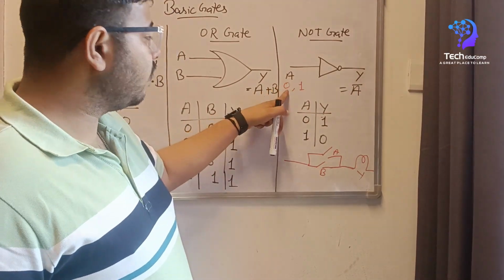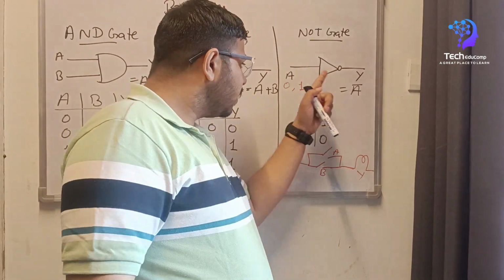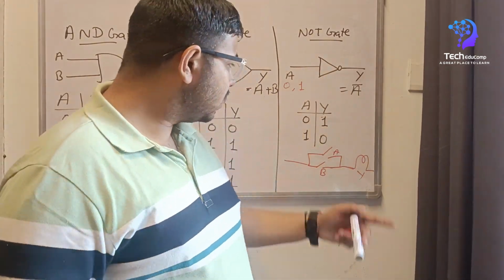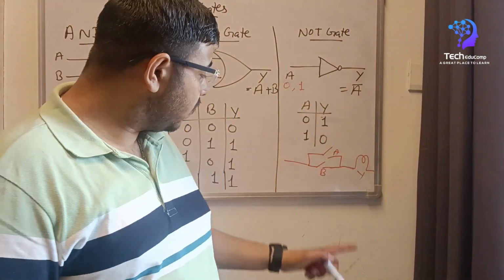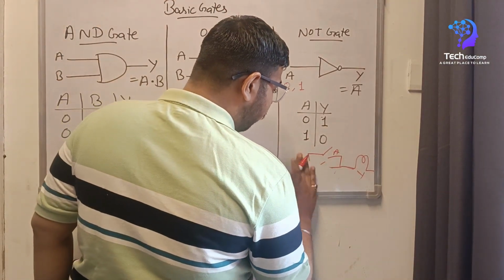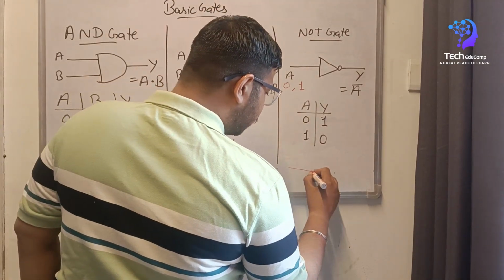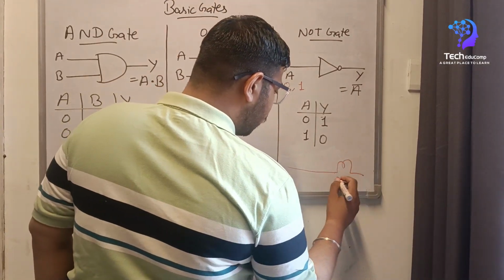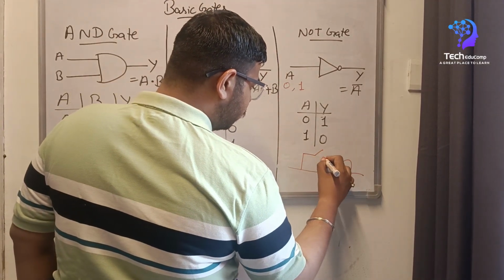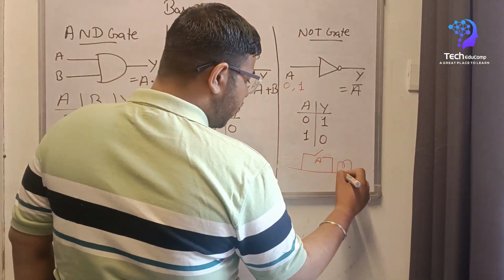If I give it 0, it will produce 1. If I give it 1, it will produce 0. This is the inverter. And if we talk about the analogy here, then we have this one, A and Y.